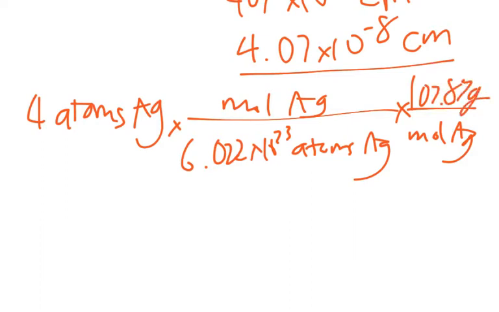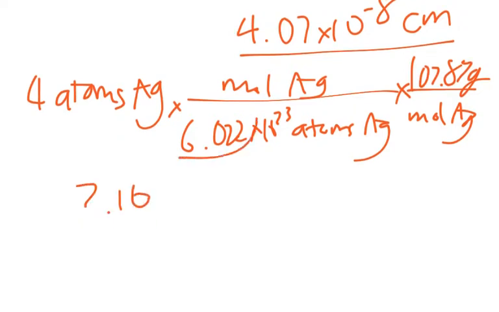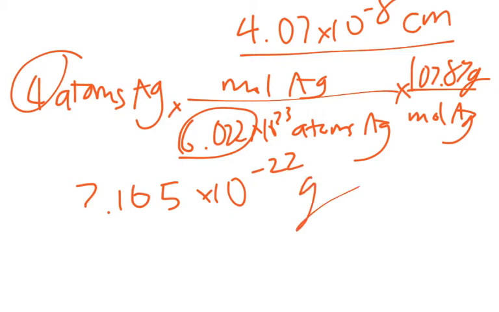Doing the math, 4 divided by 6.022 times 10 to the 23rd, and then multiplied by 107.87, we get that the mass of 4 atoms is going to be 7.165, and there are 4 sig figs here, and that's an exact number. So 7.165 times 10 to the negative 22 grams.